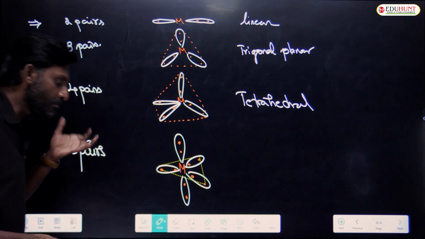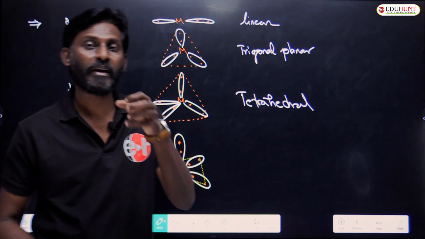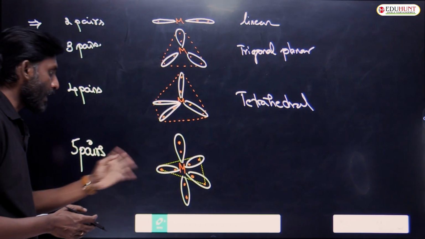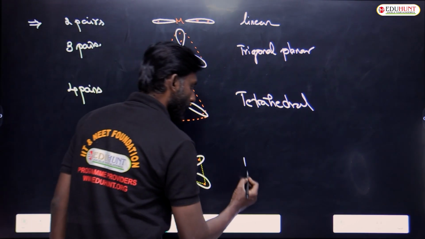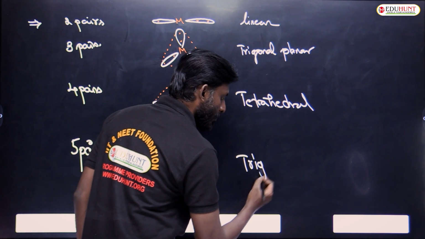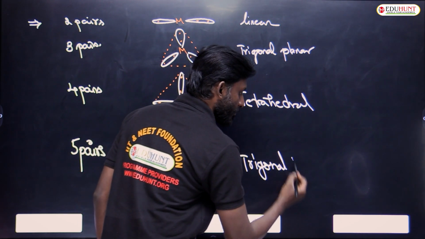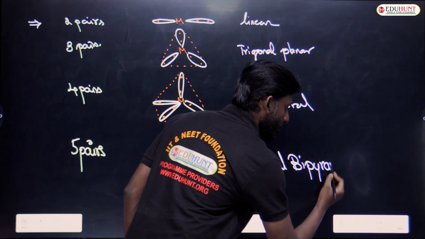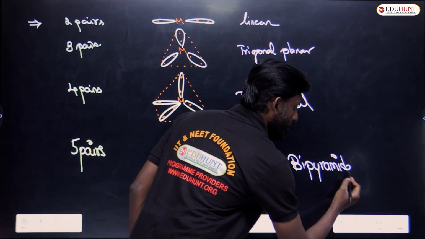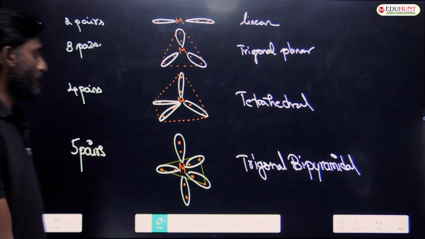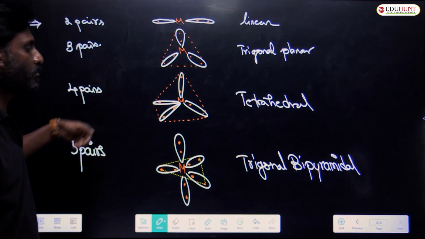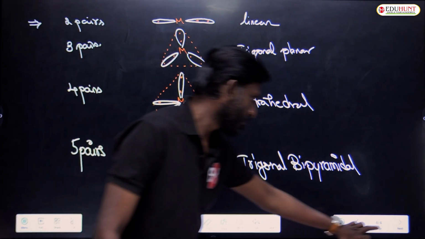When there are 5 electron pairs around the central atom, the geometry which gives minimum repulsions is trigonal bipyramidal. Okay, like this. So if you know this number, you can simply predict the geometry, right?